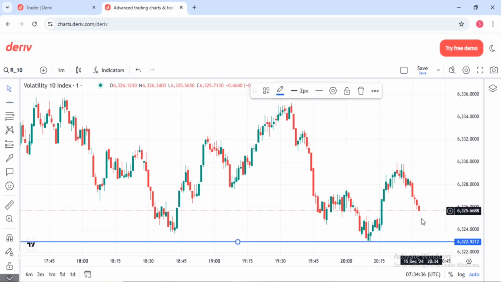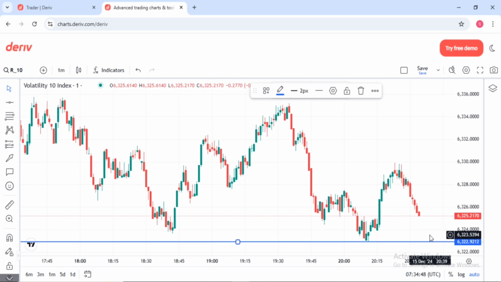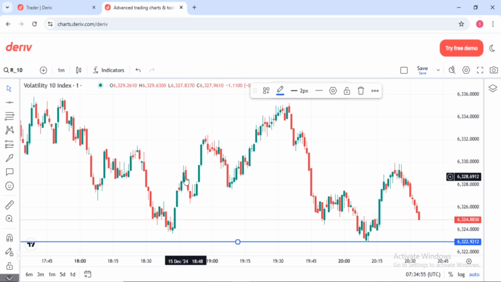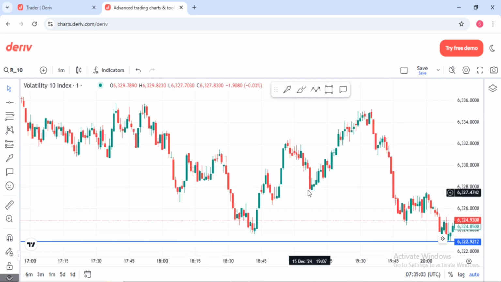So if this comes and taps this point, and there's a formation of, in this case, a bullish engulfing, then immediately after the end of that second candlestick, we can enter a trend for 1 minute. But the best is 5 minutes. You can use any that you are comfortable with, but I like using 5 minutes.